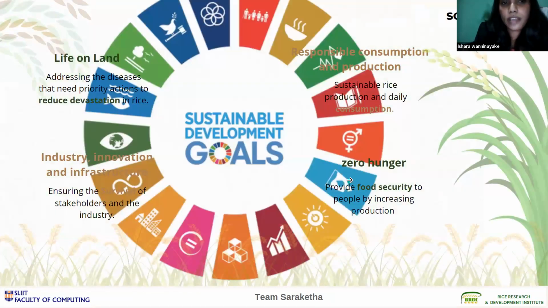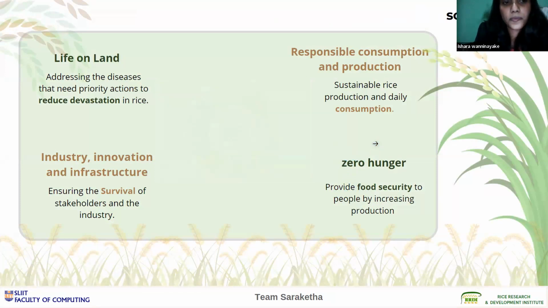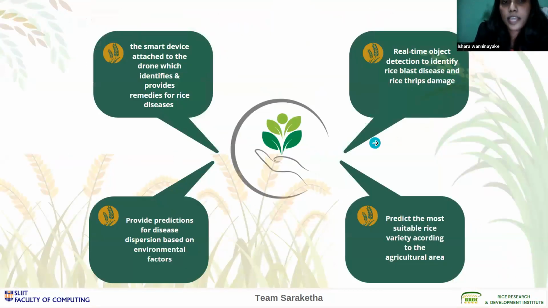By fulfilling our main objective, we are able to achieve 4 sustainable development goals. They are life on land, responsible consumption and production, industry innovation and infrastructure, and zero hunger. Like every research, our research also has uniqueness.